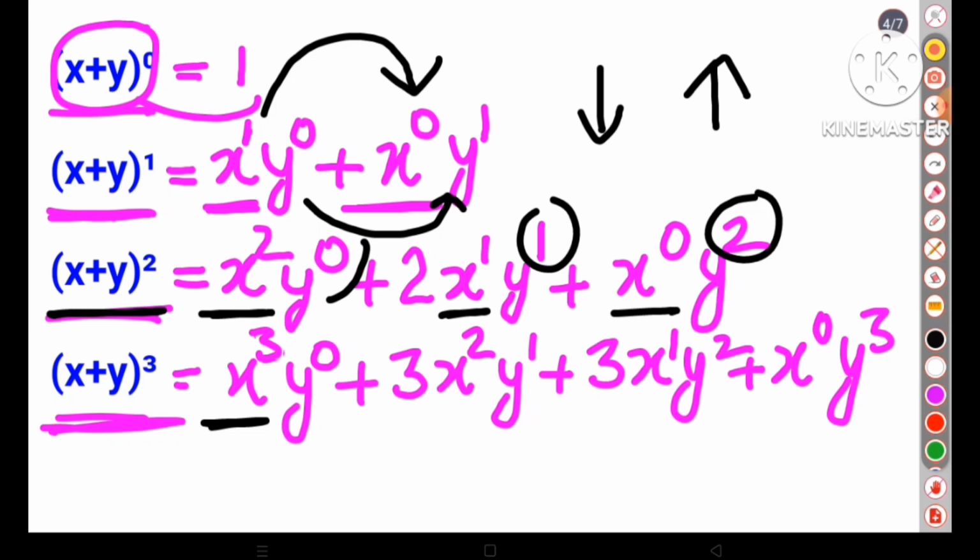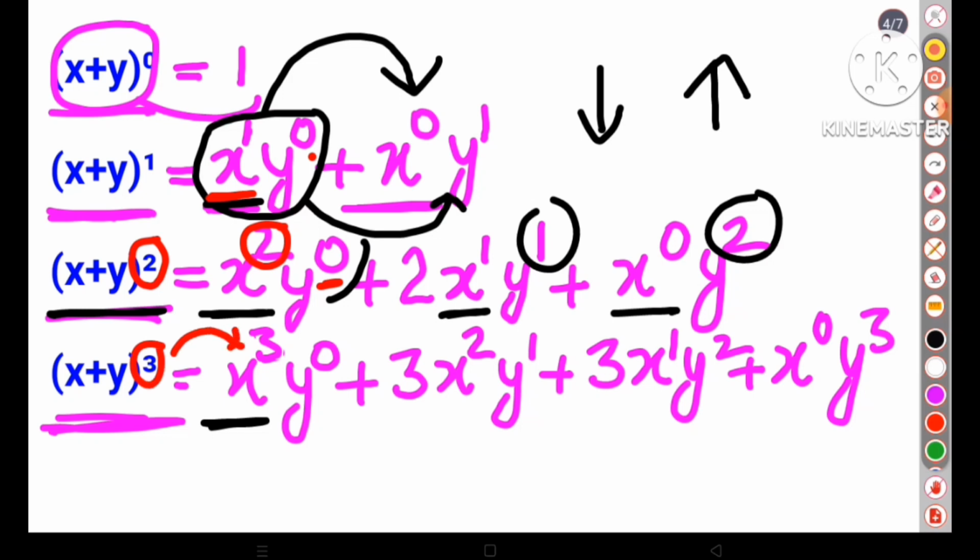And one more thing that we should observe from these expressions is that in the first term of all these expressions, we give all the power of the expression to x and we give 0 to y. In all the expressions, you can see this. Here the power of the expression is 2. We give x the whole power 2 and y to 0. And similarly, 3 is given to x and y gets 0.